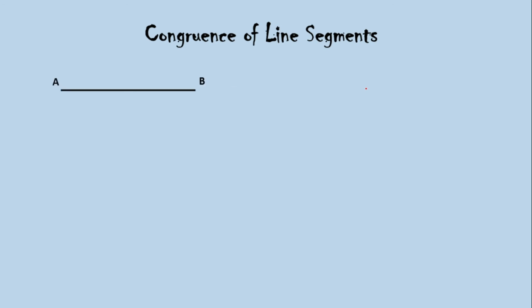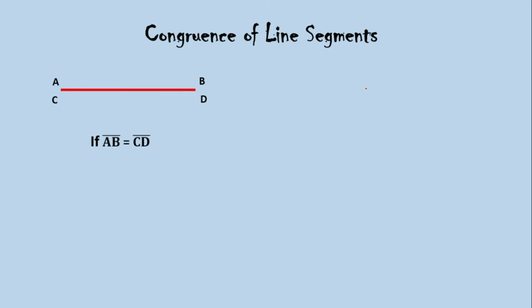Now the next topic which we are going to study is congruence of line segments. To check whether 2 line segments, say AB and CD, are congruent or not, trace a copy of line segment AB and superimpose it on the line CD. If they cover each other completely, then the 2 line segments AB and CD are congruent, else not.